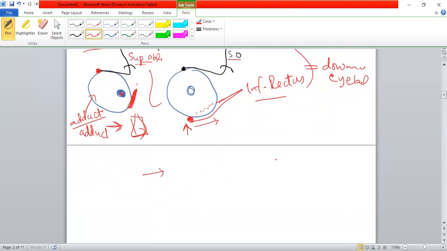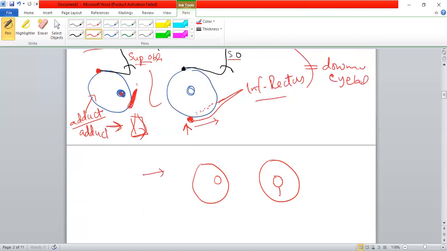Now look, this is your normal eye, and this is your problematic eye. So when you adduct the eyeball, you tell them, okay, look down.